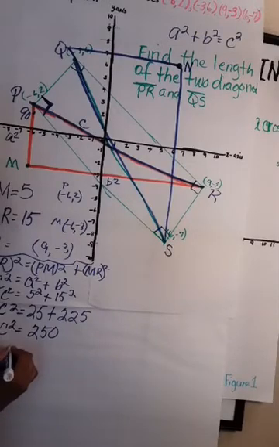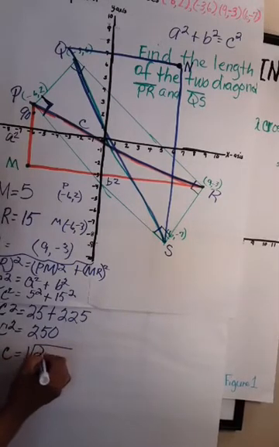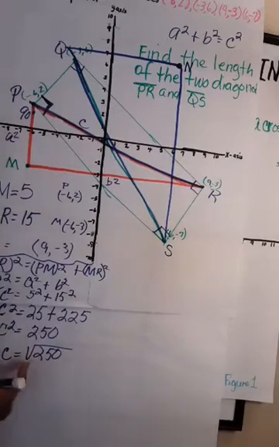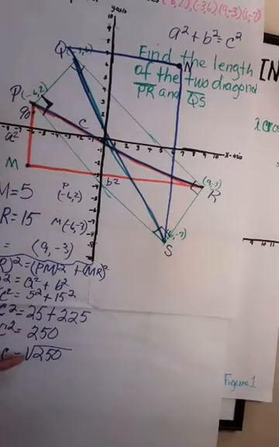So C is equal to the square root of 250, because it's not going to give me an even number. There's no number out there multiplied by itself that's going to give me 250. So I'm going to leave it at C equals the square root of 250 here. So now, they said they bisect these two diagonals. So let's plug in the next one.